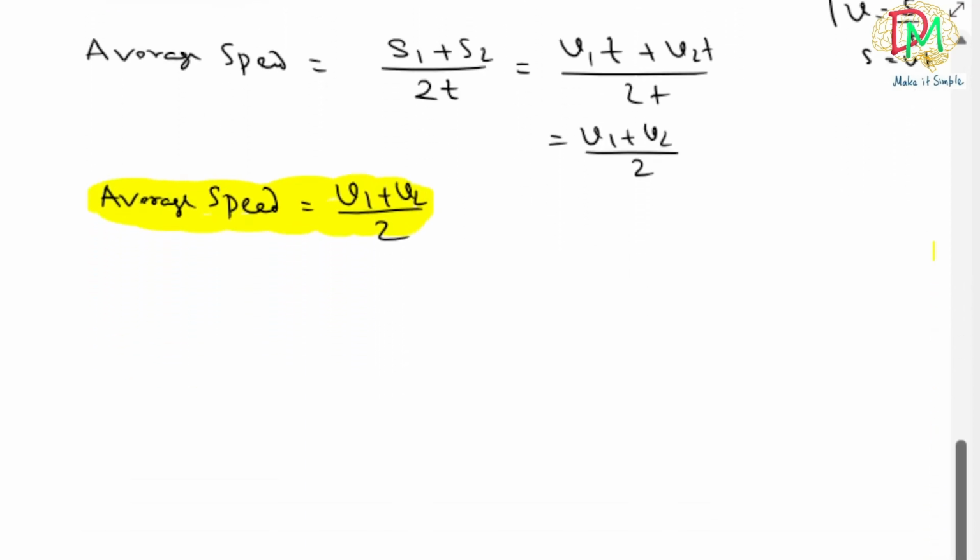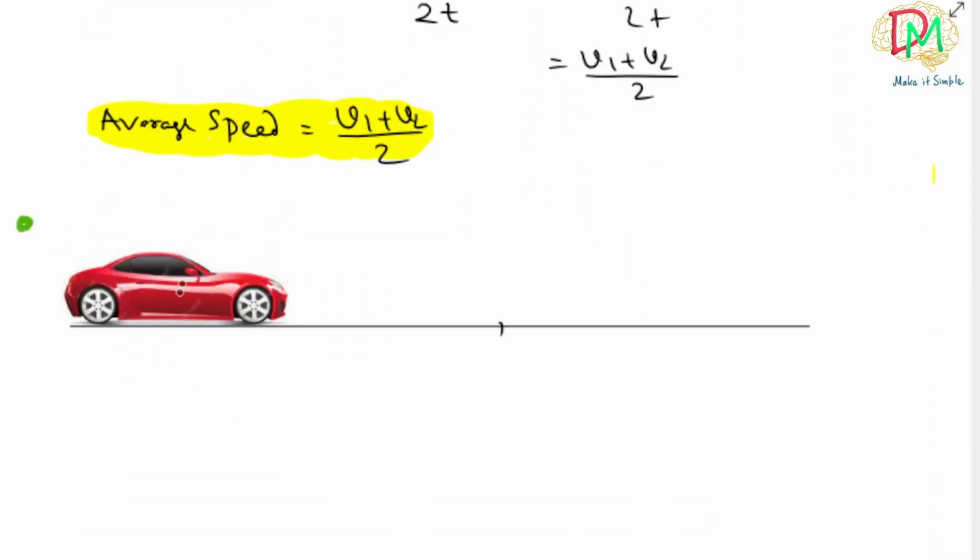Another case: if this car moves from A to B and then to C, the distance is the same, that is h, but with different speed and time.